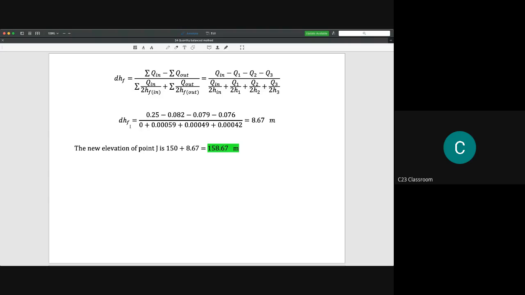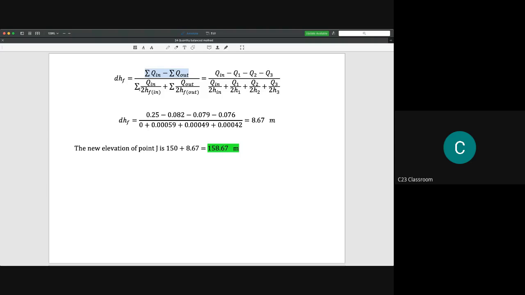The best outcome is we get delta HF equal to 0, because the idea is to get delta HF equal to 0, so we need the upper term here to be equal to 0. So when the upper term is balanced, Q in is equal to Q out, so you get delta HF equal to 0, which means your estimation about the flow rate is correct.